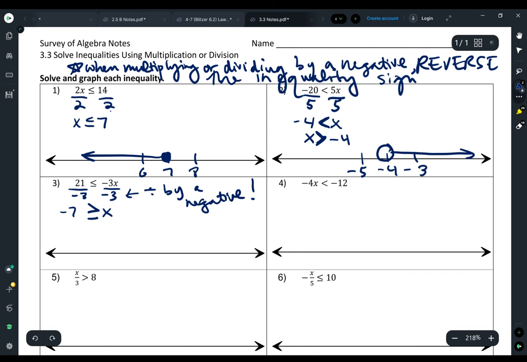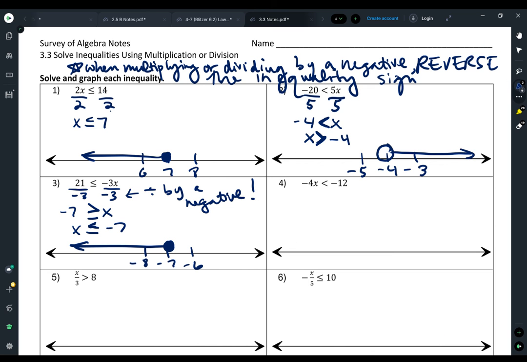And now I want to rewrite this with x first. So then I'm going to have to reverse again, less than or equal to -7. So let's go ahead and graph. And then I need to make this a less than or equal to, so fill it in, and it goes to the left.